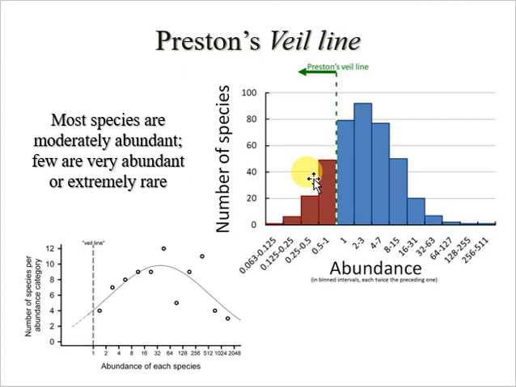Now, additional sampling, right? If you take a larger sample or continue to increase your sampling efforts, that causes this veil line to shift to the left, right? So fewer species become cloaked by that veil line.